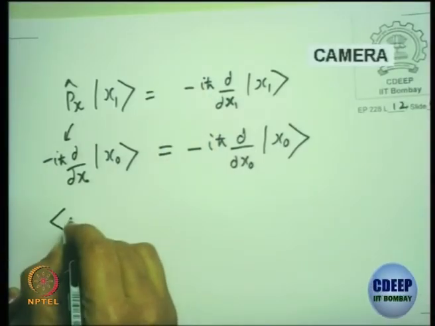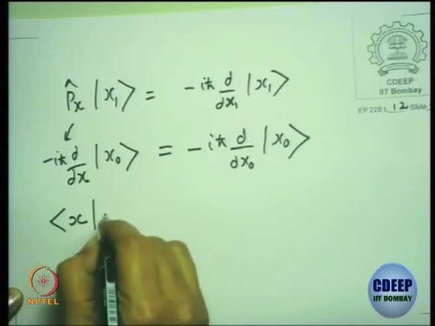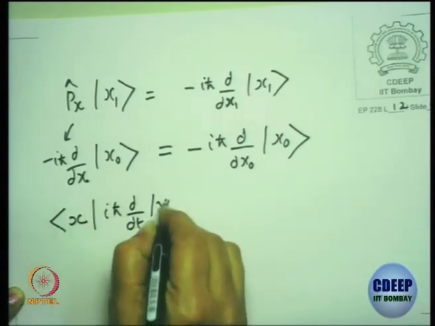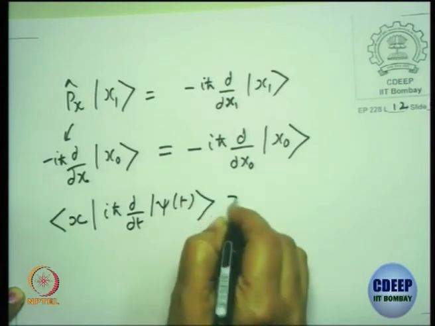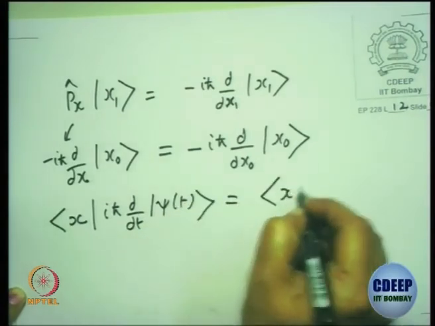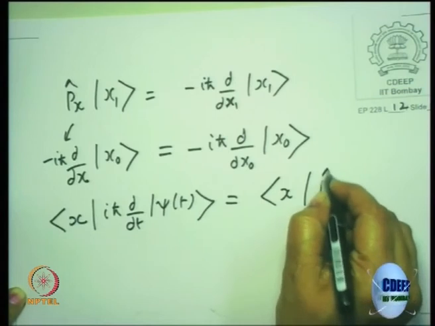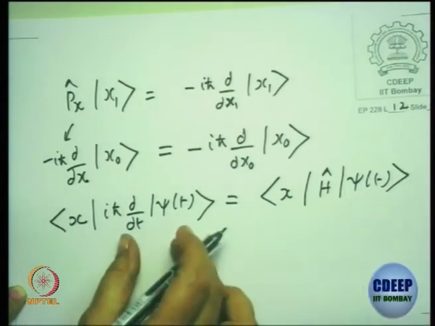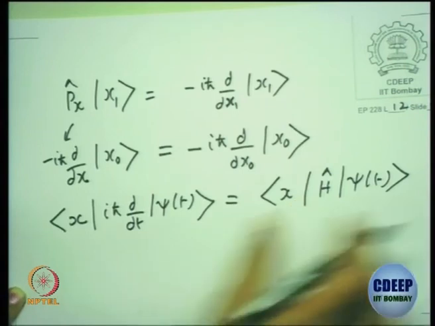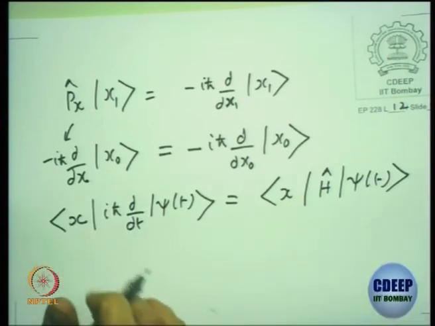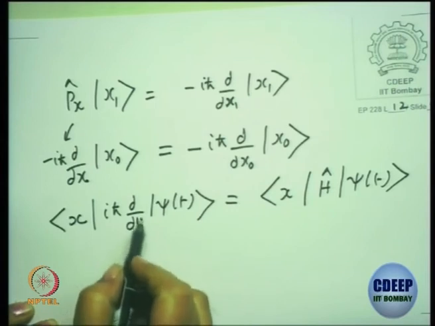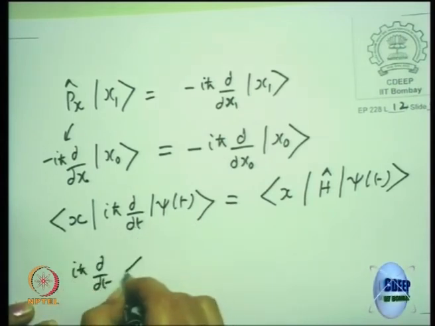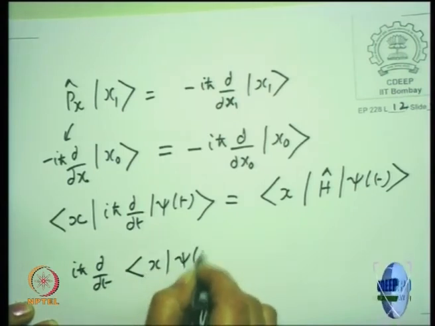Let me do it in 1 dimension. So, this piece is your time evolution equation and you take the projection to a specific x. I can still take the del by del t operator outside, it does not matter, and write x with psi of t.